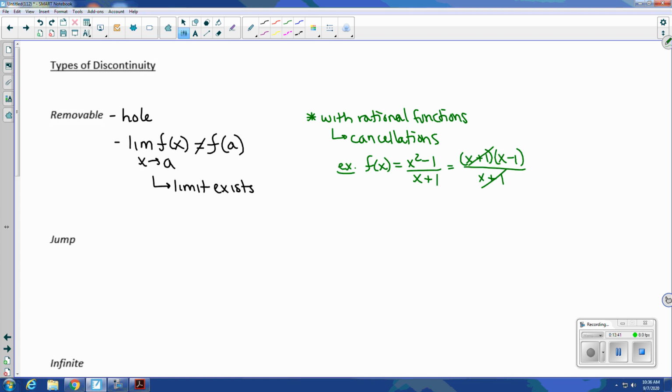So we know there's a hole at x equals negative 1. We take what's canceled, we solve it, and that reveals where the removable discontinuity is. Again, formal definition: the limit exists at the point, but it doesn't equal the function output.